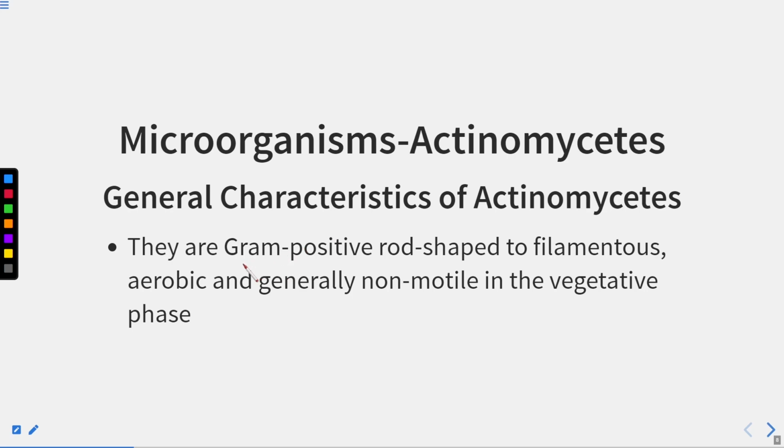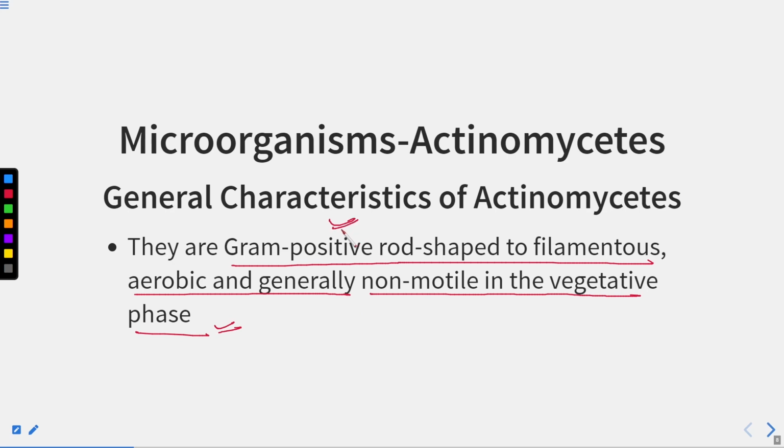They are gram-positive, rod-shaped to filamentous, aerobic, and generally non-motile in their vegetative phase. Gram-positive means they give a positive result in the gram test of bacteria, which is either gram-positive or gram-negative depending upon the stain.